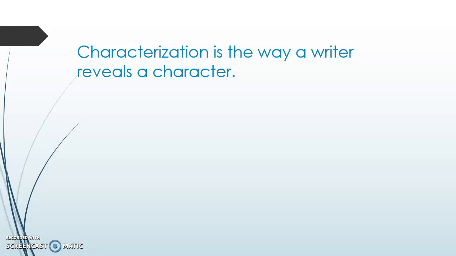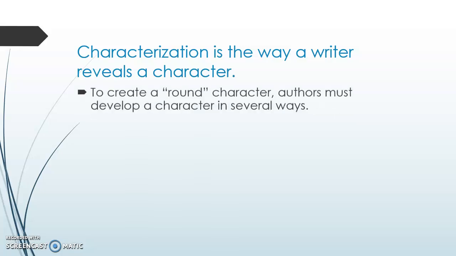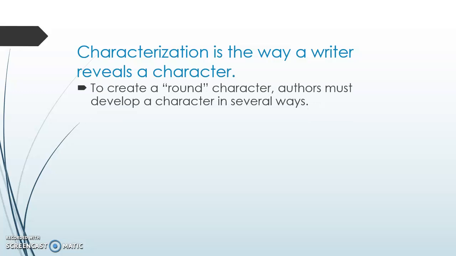It is the way that the author or writer reveals a character. So to create a round character, we just talked about round characters, we know that the author must develop a character in several different ways because round characters have more than one way. Yes, personality. You're so smart.